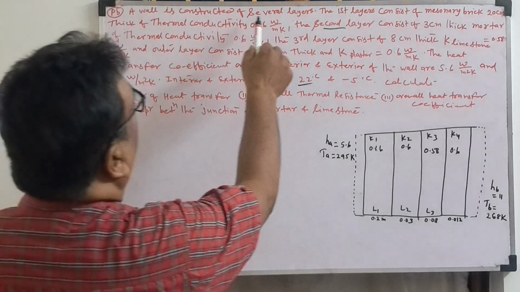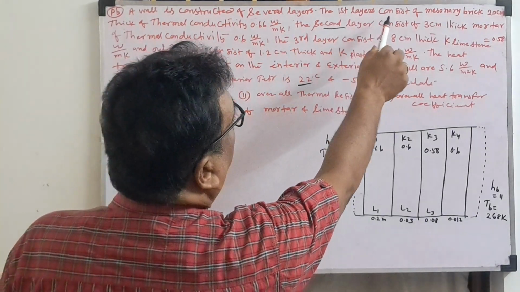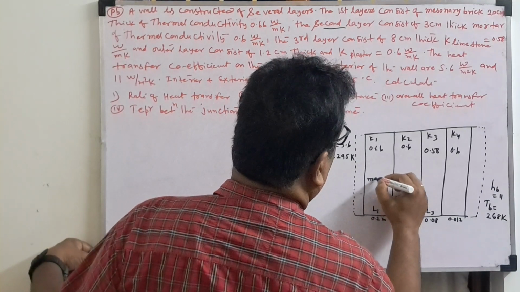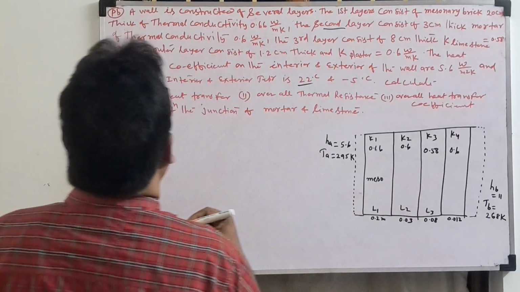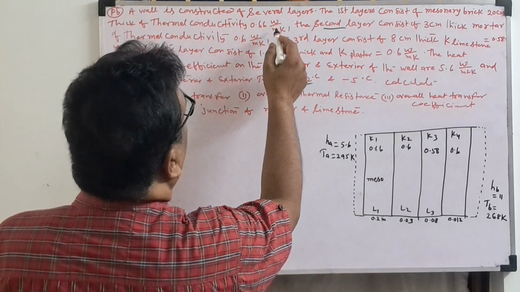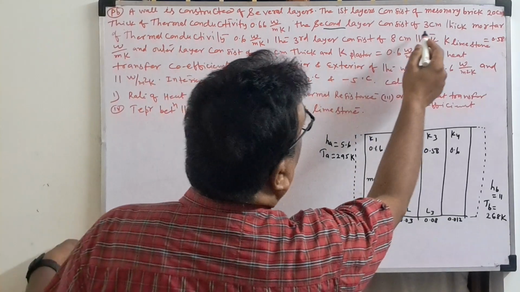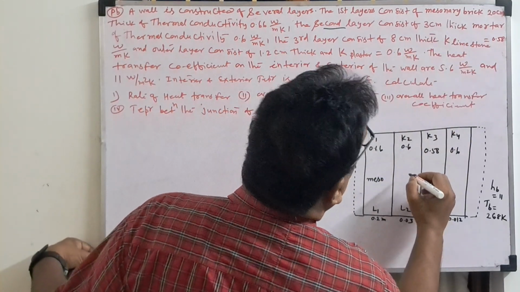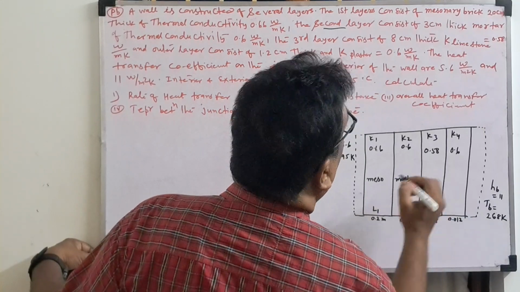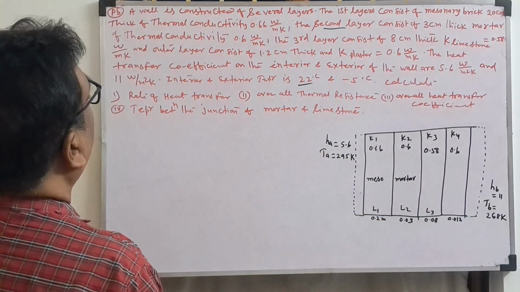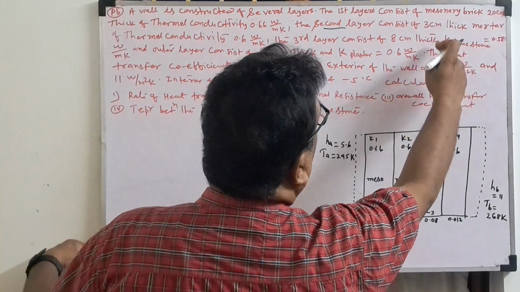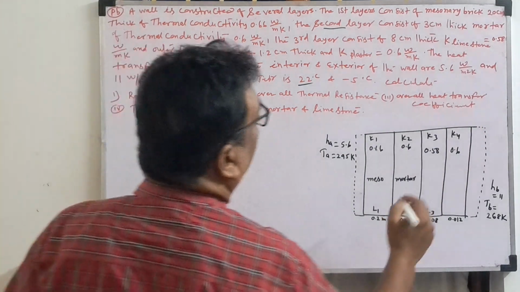A wall is constructed of several layers. The first layer consists of masonry block, this is masonry brick, with thermal conductivity 0.66 watt per meter Kelvin. The second layer consists of 3 centimeter thick mortar, with thermal conductivity 0.6. The third layer consists of 8 centimeter thick limestone, with thermal conductivity 0.58.